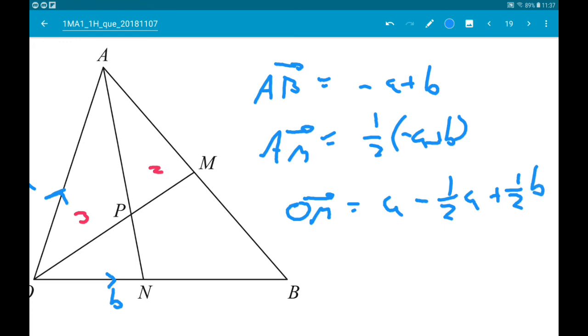Now that then is 1 half a plus b. So that gets us from O to M.